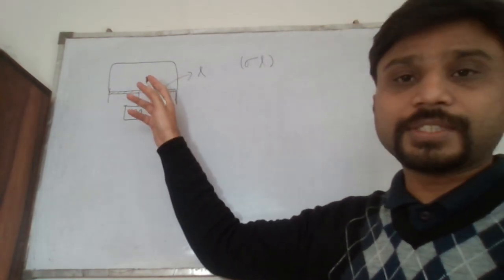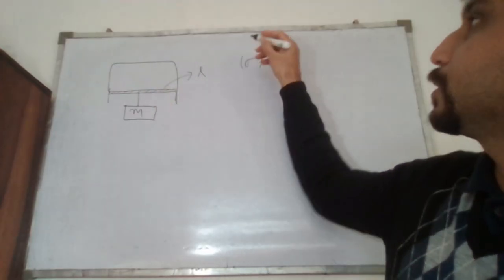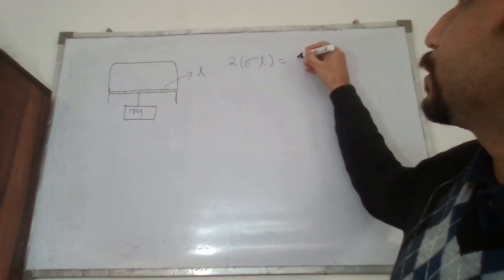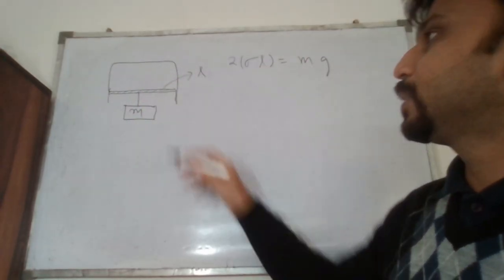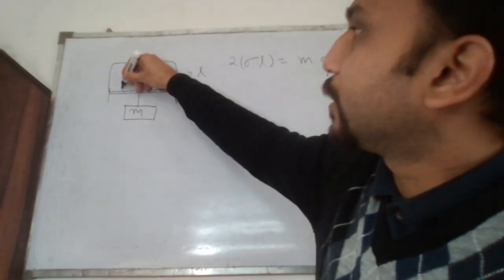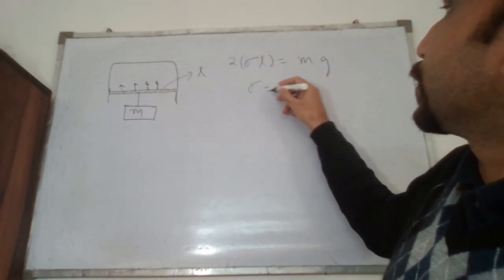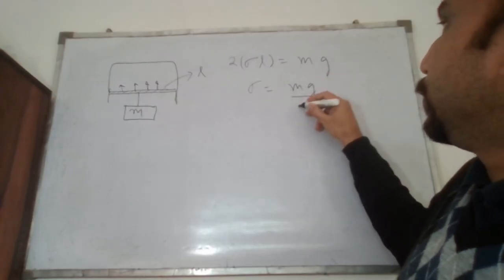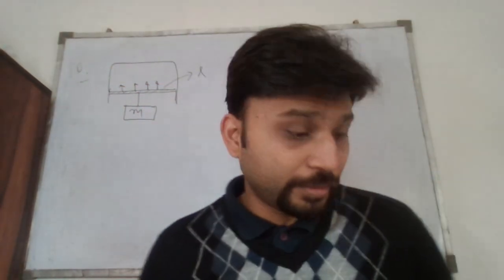The surface beneath this soap film will also exert this force. So this would be the net force, balancing the downward gravitational force mg acting on the slider. Surface tension acts like this. So that means that surface tension is mg upon 2l. So this was our first question, a rather simple one.